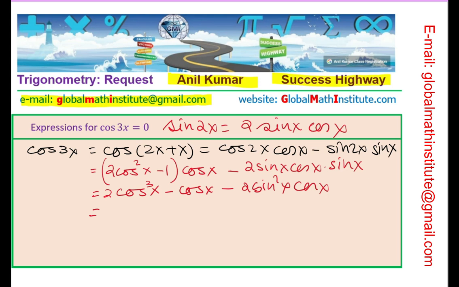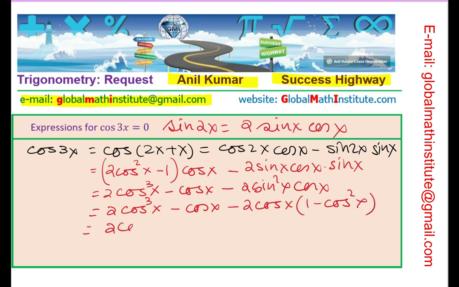Great. So now we can take cos x common, but I'll prefer to write sine square x in terms of cosines. We get 2 cos cube x minus cos x minus 2 cos x times sine square x, which is 1 minus cos square x.